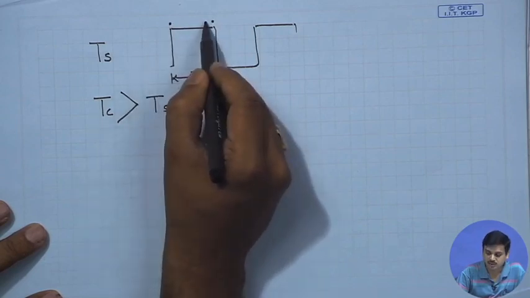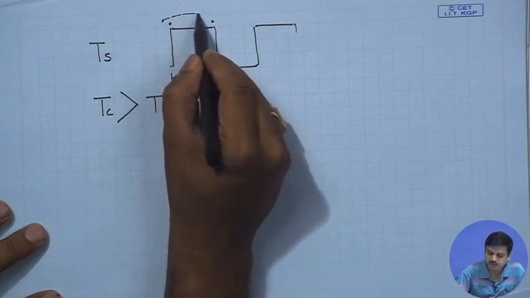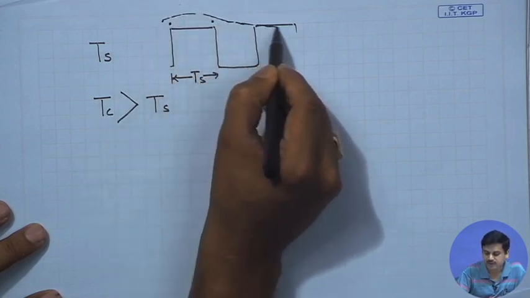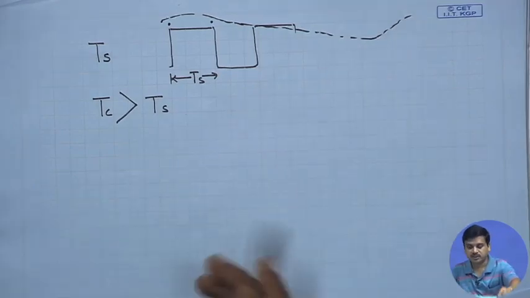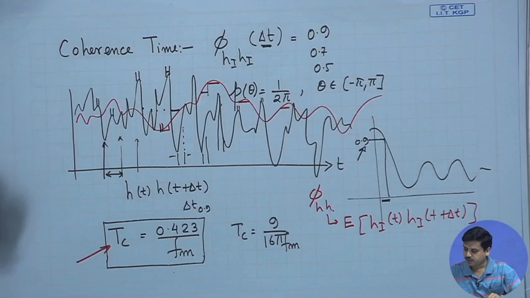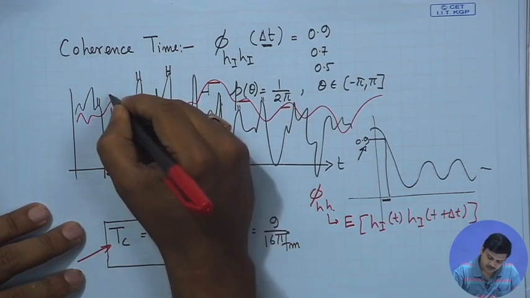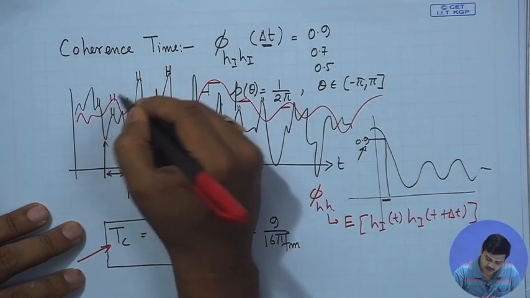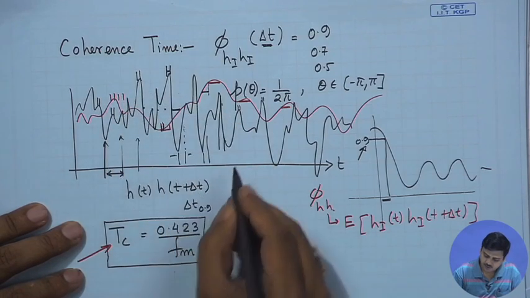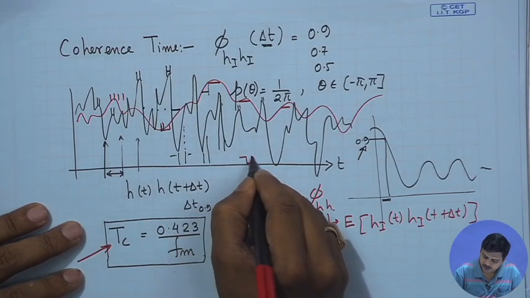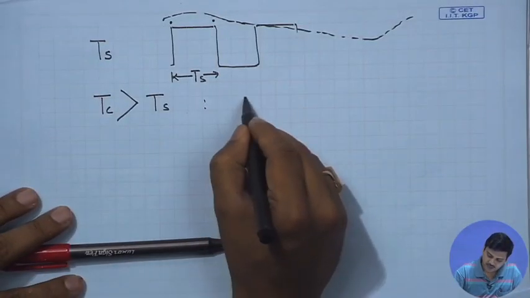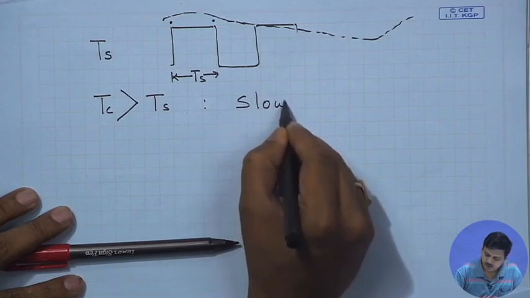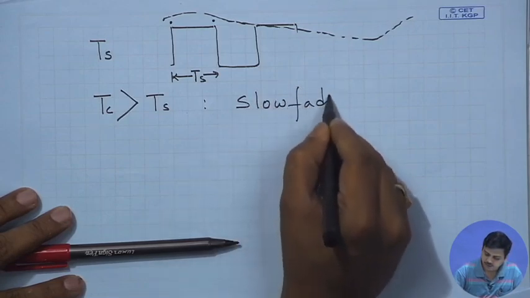The channel could be fluctuating in this fashion, or in this picture, corresponding to the red line, the symbol duration could be as small as this. If we have symbols going like this, then we have what is known as slow fading.